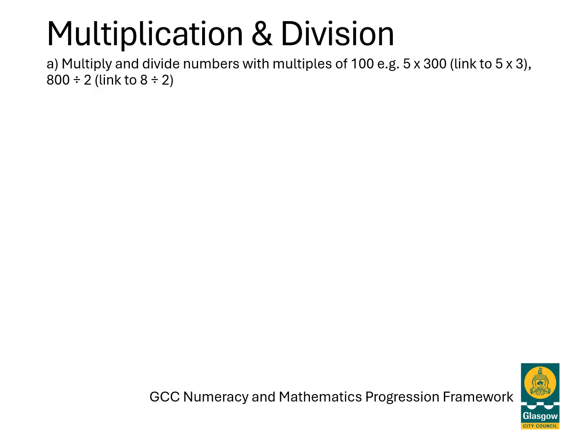So in terms of that mental agility and that number system understanding, we're going to be looking at things like 5 times 300 and potentially modelling that for them, but looking at what we know about 5 times 3. So 5 times 3 is 15.